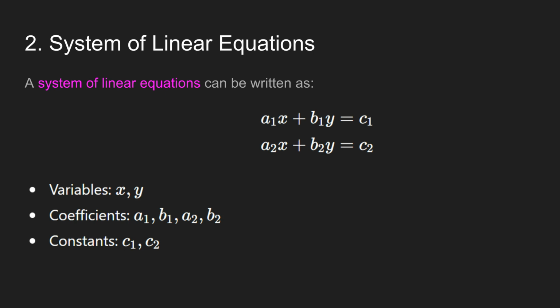A system of linear equations can be written in the form a1x plus b1y equals c1 and a2x plus b2y equals c2, where x and y are the variables, a, b are the coefficients, and c are the constants.